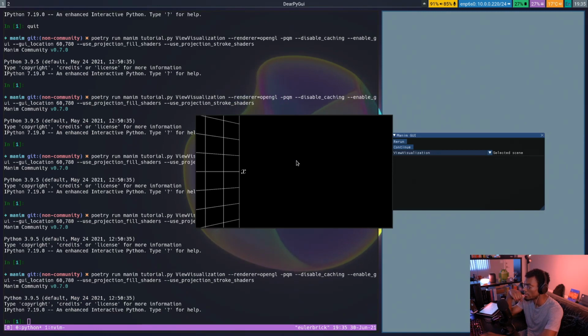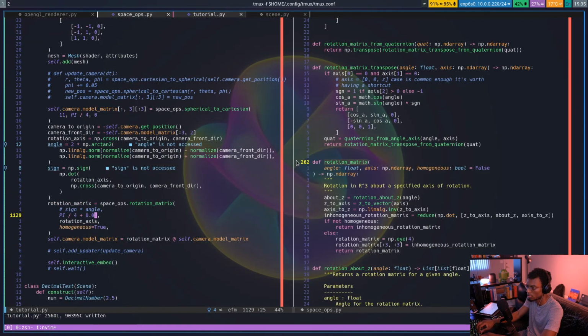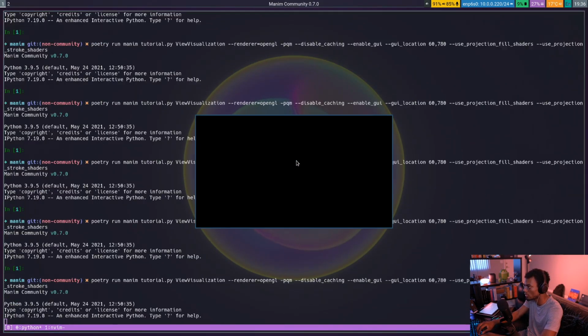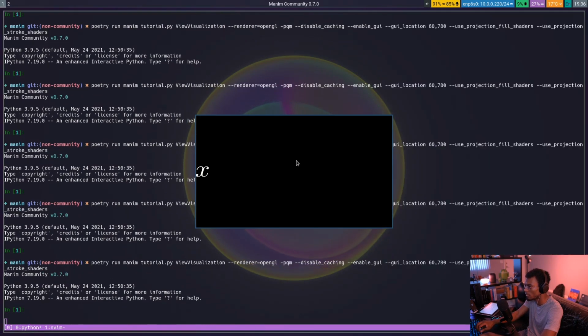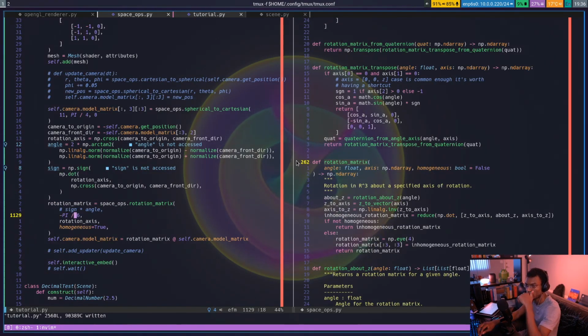So it rotated further toward the x-axis. So it does look like this needs to be negative. What if I made this a 6? Okay, I have no idea what it's doing now.